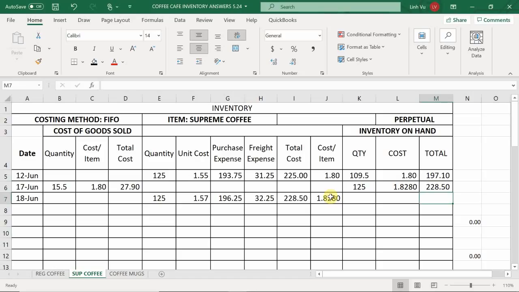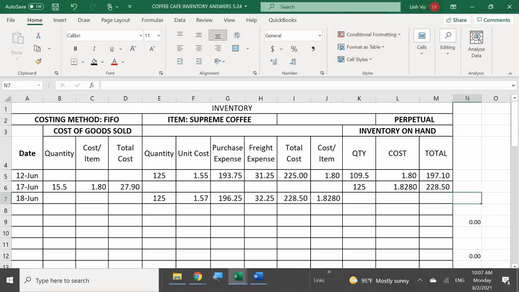Here, what I like to do is put my running balance on the side. You could do that at the bottom of the cell if you'd like, but I like to put it on the side so it's easier to see instead of having to scroll all the way down or up.